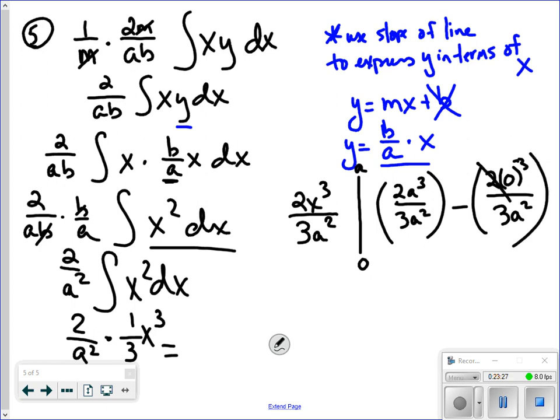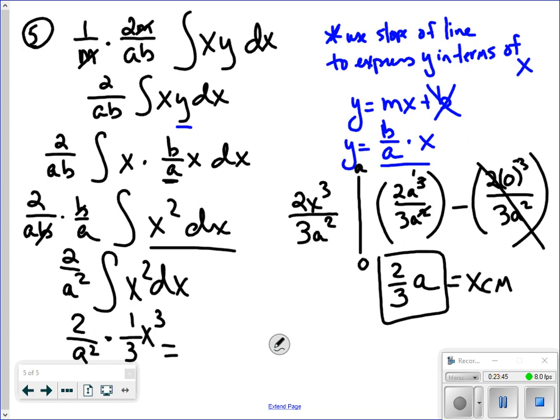That one goes away, which makes life a little bit easier. And so what we end up with is 2/3 a, because that cancels and we're left with one of these. Ta-da! So in the x direction, my center of mass would be right here.